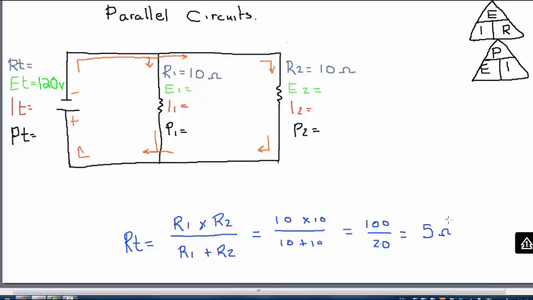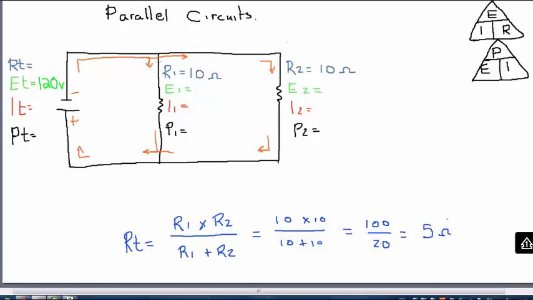Now you may be thinking, how is it that I have two resistors in this circuit and my total resistance for the circuit is less? Well, it's very simple actually. The way I want you to think of it is, if you're driving down the highway and there's a car accident, and all of the roads to get off the highway are closed because of this car accident, and all that traffic builds up. So all the flow has to go through this car accident. But all of a sudden, the police open up a road and you can start driving down that road. Now there's an additional path for you to drive down.